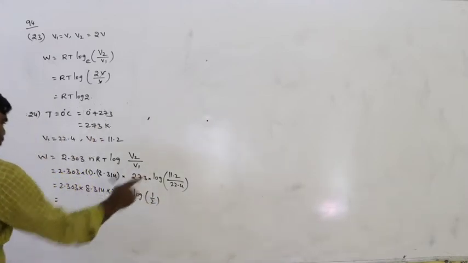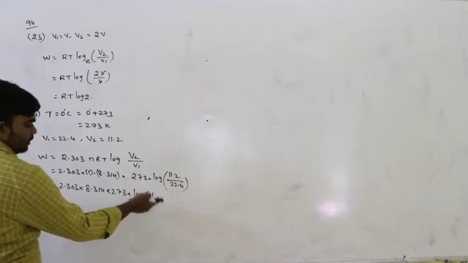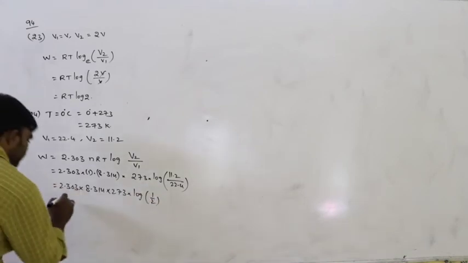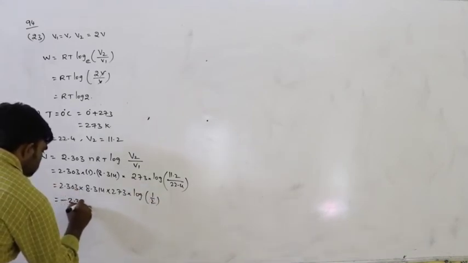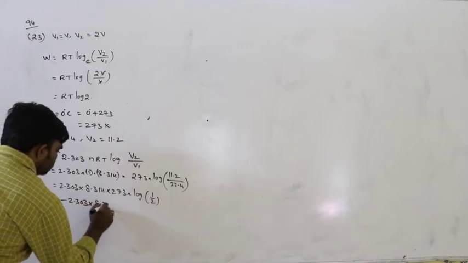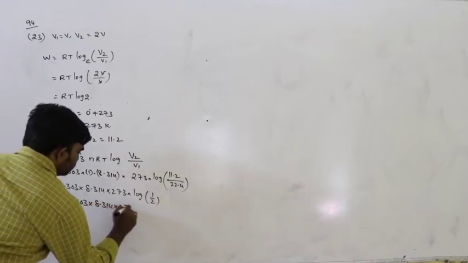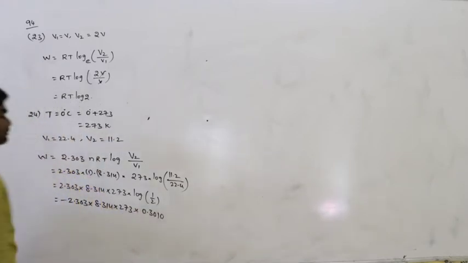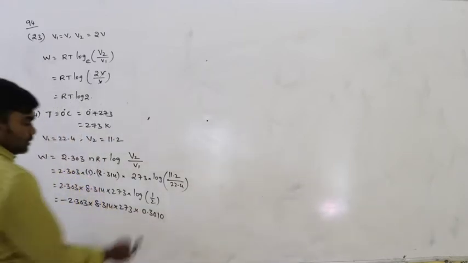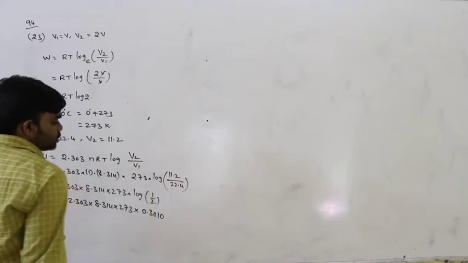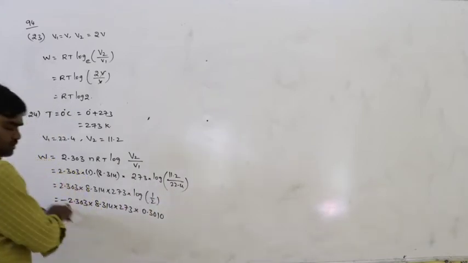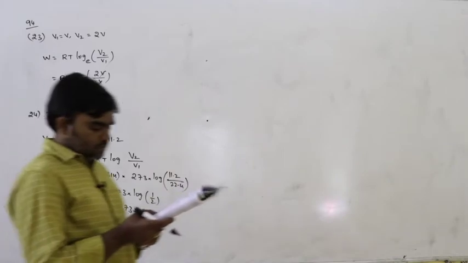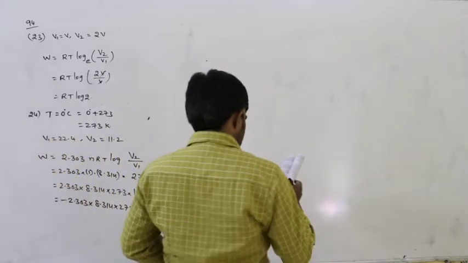Log 1 by 2 can be written as 2 power minus 1. That is total minus 2.303 into 8.314 into 273 into log 2, where the log 2 value is 0.3010. So log 1 by 2 is log 2 power minus 1, so the minus comes out, and it is a negative value.